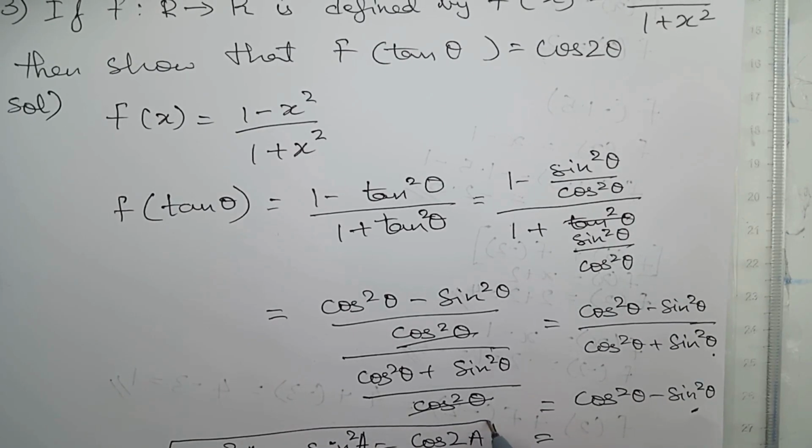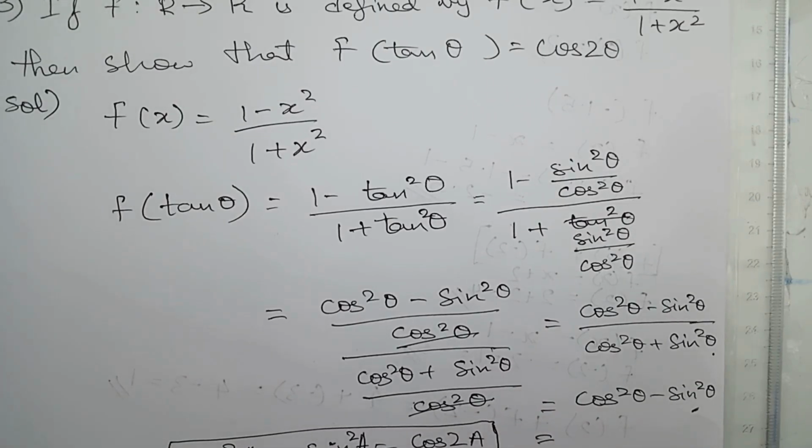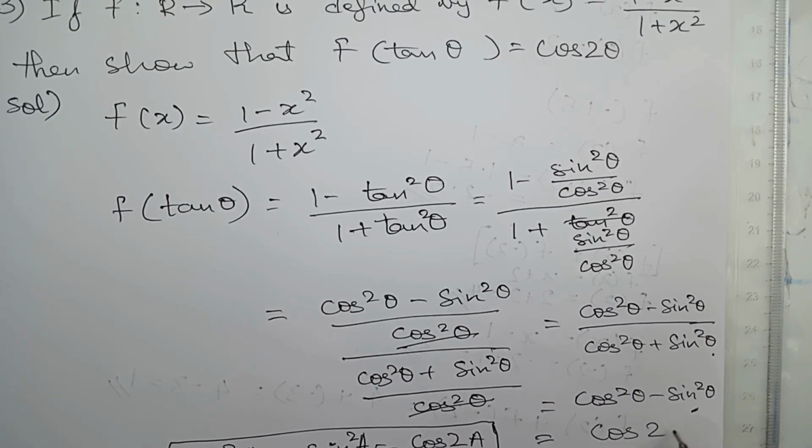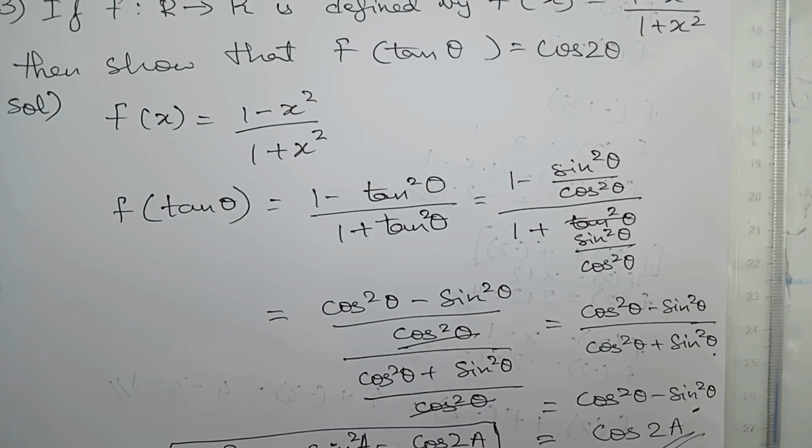We will learn this in the lessons in the sixth chapter, that is trigonometry up to ratios. So here the answer will become cos 2A. This is the answer for this particular third question.